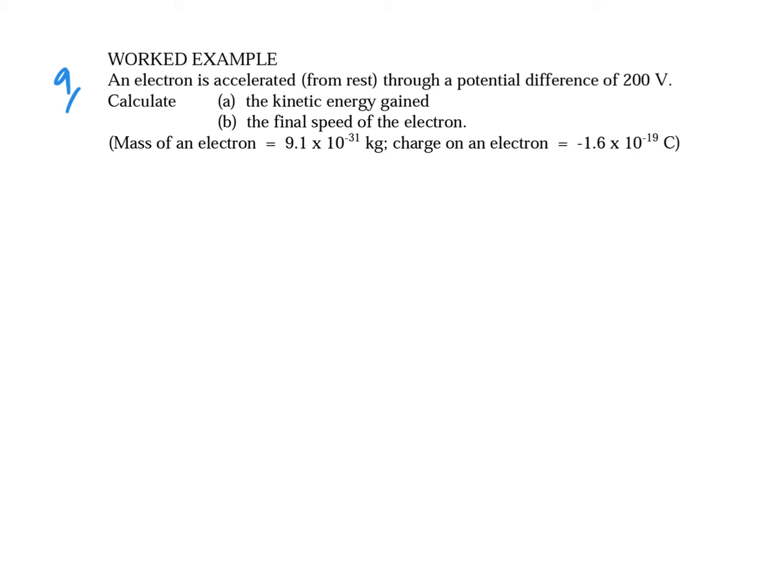So part A. We're given the voltage is 200 volts, given the charge. Now notice we don't actually put the sign of the charge in, because we'll deal with that if the question requires us to think about the direction in the diagram. So it's the magnitude of the charge really here that matters. And we're also given the mass.